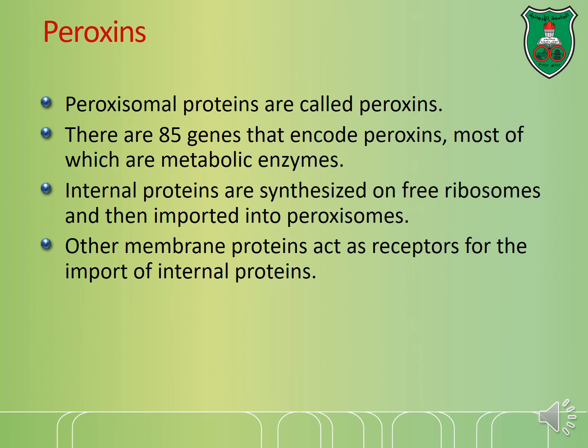Now, the main proteins that make up peroxisomes are known as peroxins, and there are a number of these proteins. Most of them are metabolic enzymes, and they are synthesized mainly on free ribosomes, and then they are imported into peroxisomes.